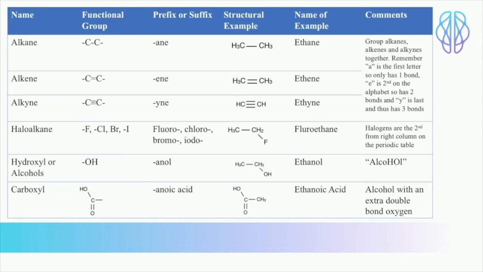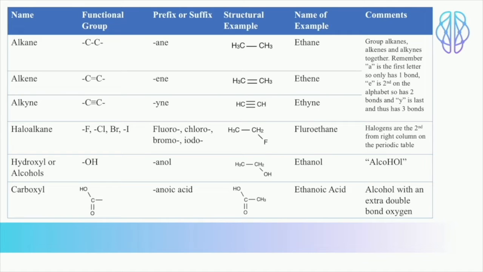So now that you know how to actually name the main chain, another thing you need to be able to address is firstly identifying, and secondly being able to name different functional groups. Now you might think, what is a functional group? Essentially, a functional group is a substituent or something attached to the main chain that causes its chemical properties or reactions.